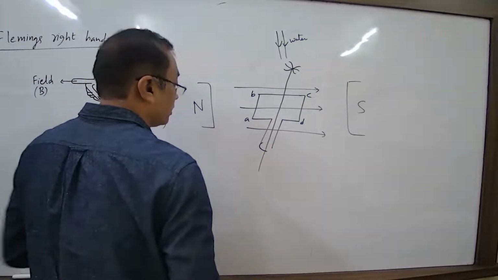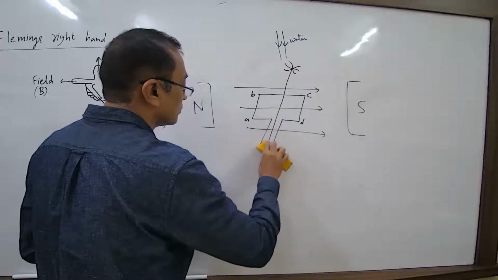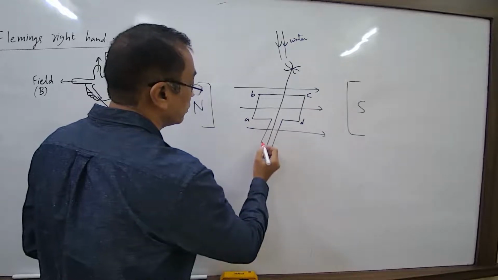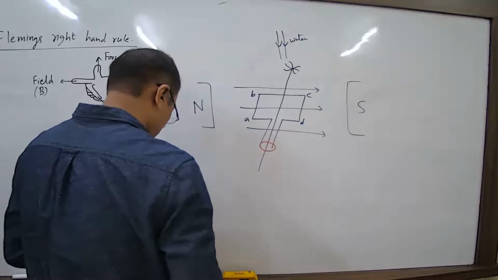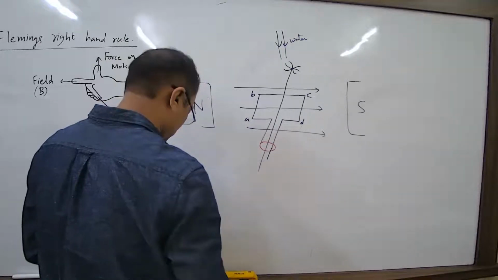Let me draw it with different colors. I will connect a ring over here, right? And to this wire, I will connect another ring.